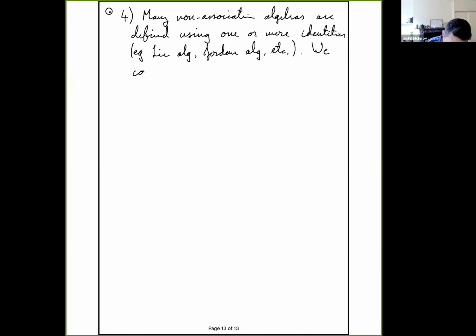In axial algebras, we control our multiplication using the fusion law.